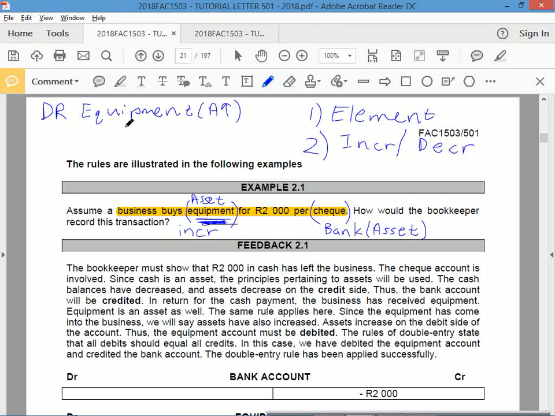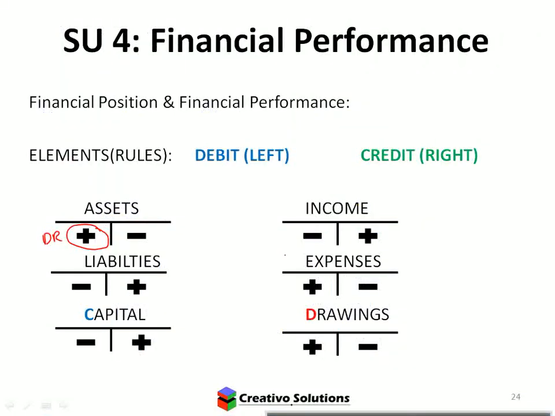Right, and what did you use to buy equipment, guys? You used cash, you used money, you used the bank. Right, so what is happening to bank? It's decreasing. Does everyone agree with that? Decrease. See, there's my workings. Bank is an asset, it is decreasing. The elements, I've done the increase and decrease. Now I'll go back to my rule.